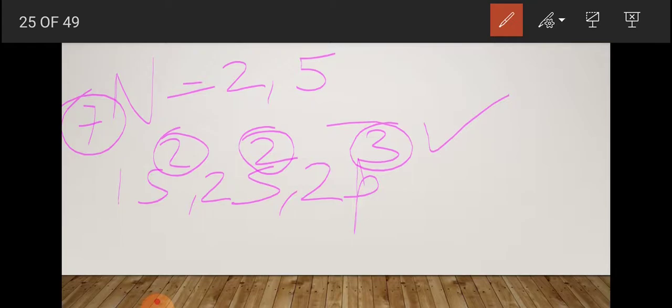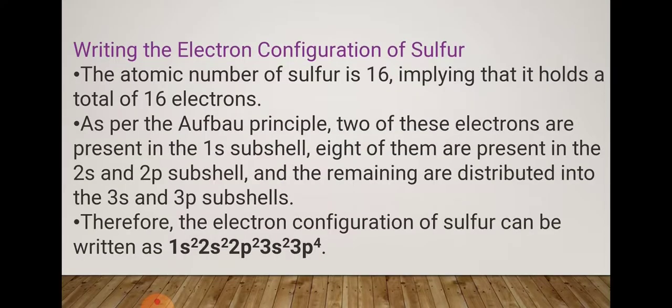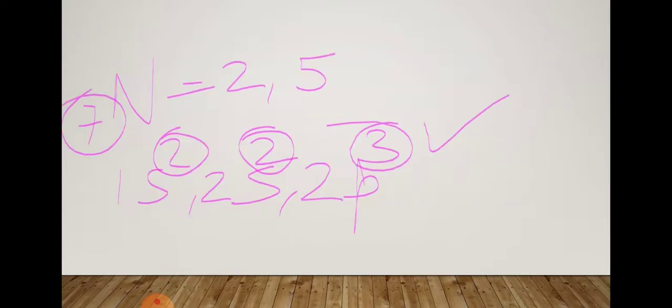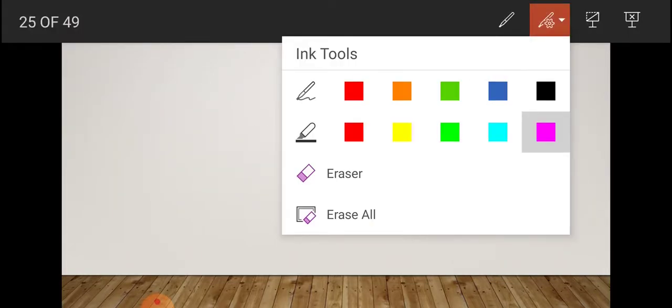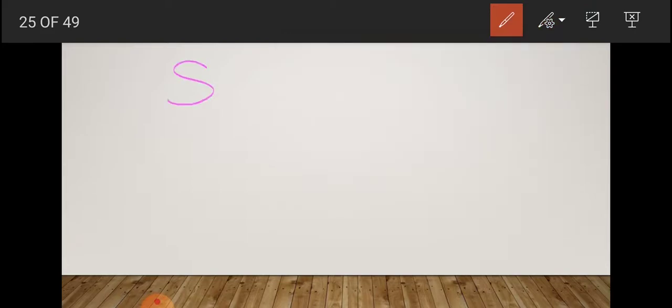Now let's see another element. Let's see sulfur. When you count, you will get 16 for sulfur. Now let's see its configuration.